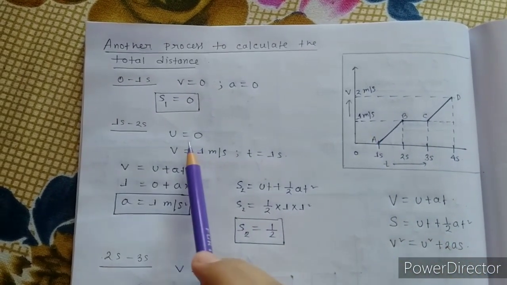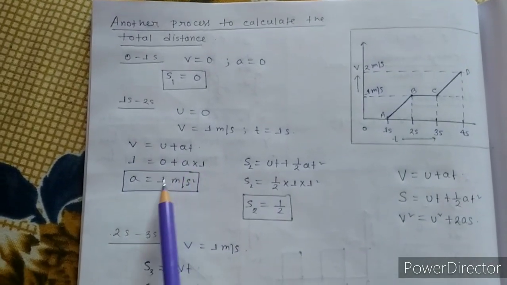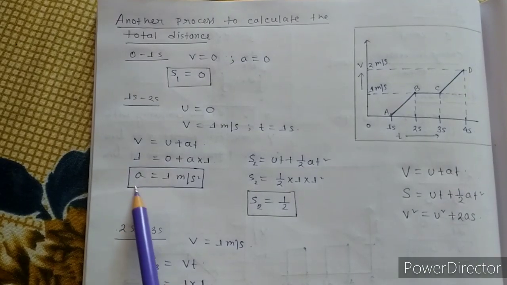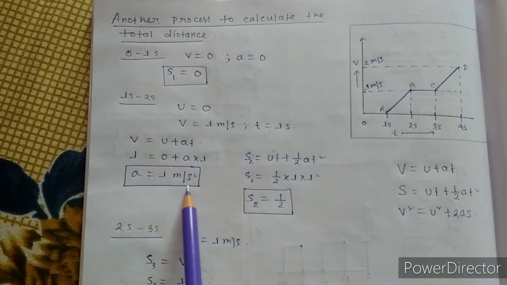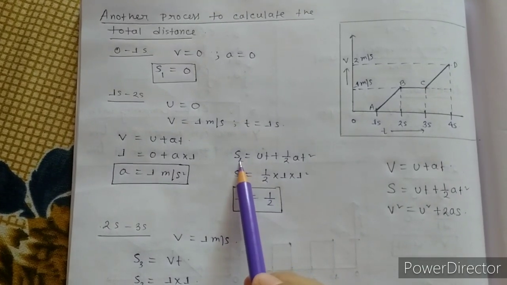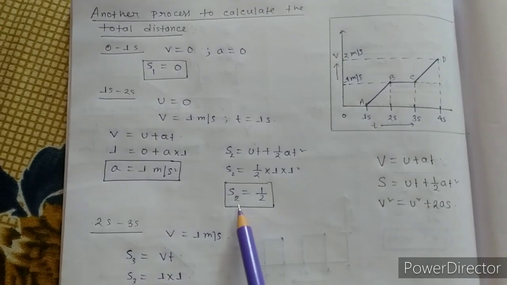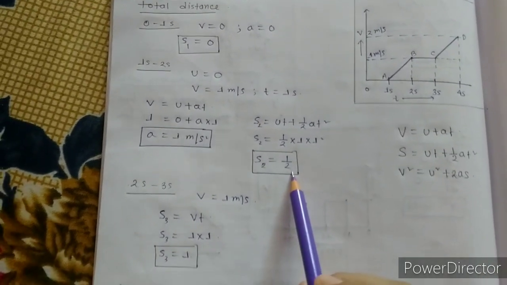Now putting the values of u and v in the equation v equals u plus at, we get the acceleration of the particle a equals 1 meter per second square. So the distance covered by the particle s2 equals ut plus half at square, that is s2 equals half meter.